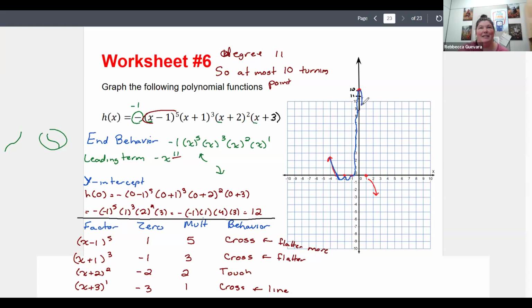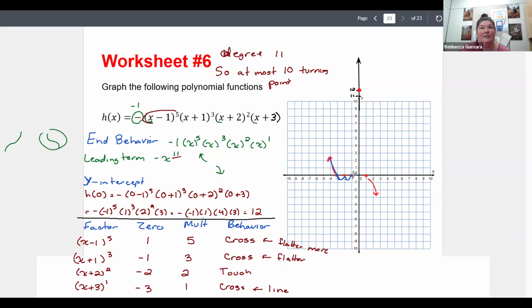Touch, turn back, and then I have to have another 0 here at 1. And this one is going to be another cross, but with a multiplicity of 5. So what I expect is I'm going to come down and I really flatten out there. Okay, I'm going to do a little cheating here to make this just a little easier to see.